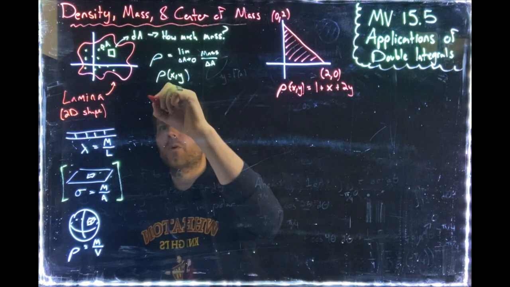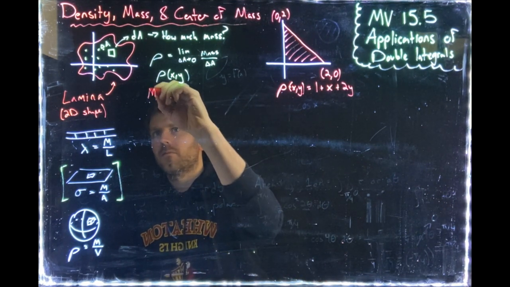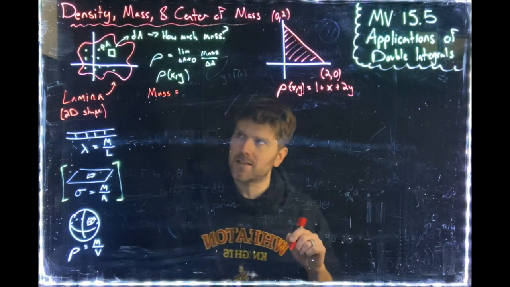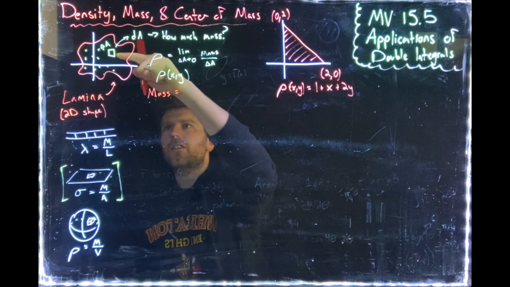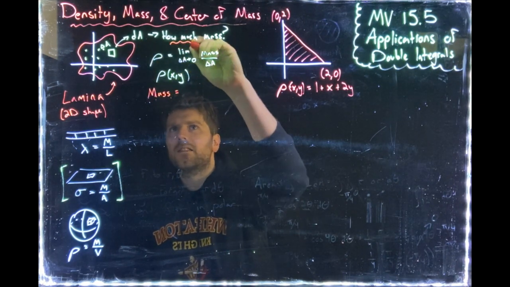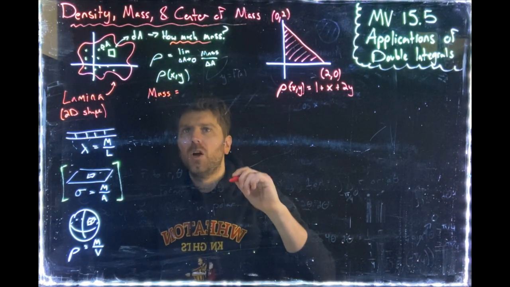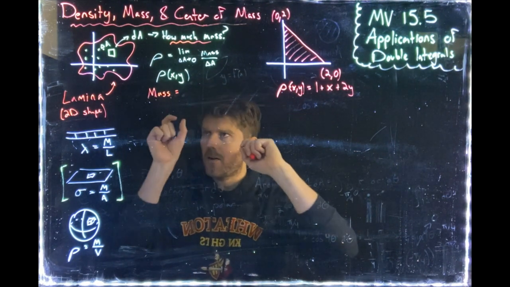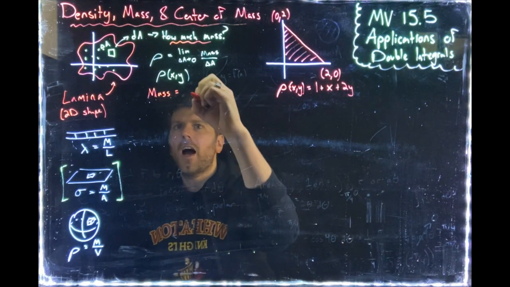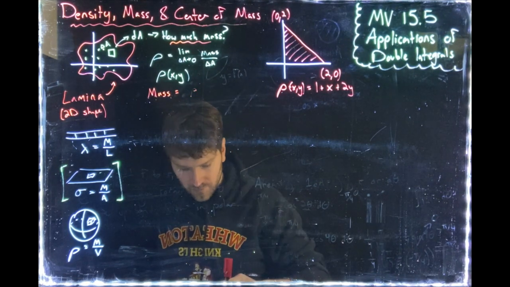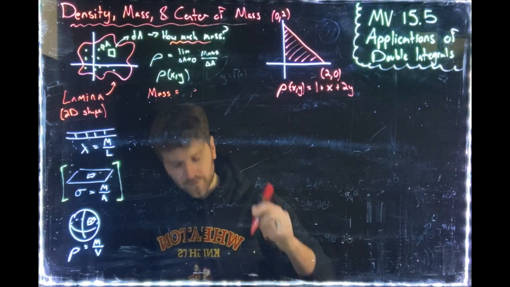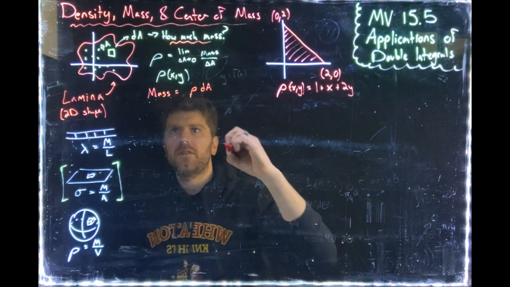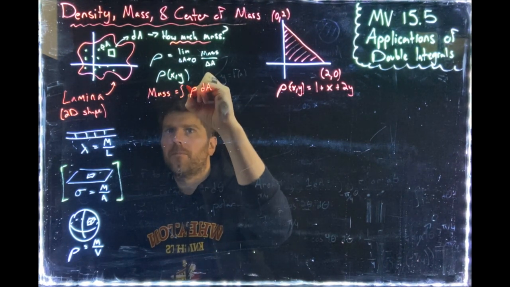Well, if I want to figure out what its total mass is, I'm going to have to add some things up. So what I could do is ask how much mass is in this little bit dA. In that little bit dA, assuming my area is small enough, I can just multiply my density times dA, and then add all those up.